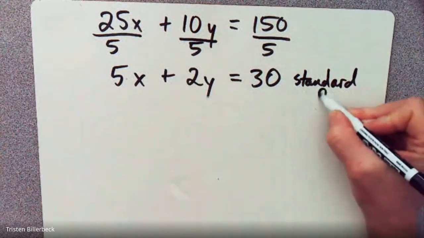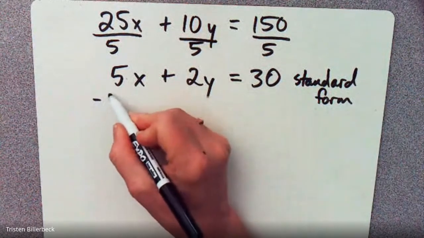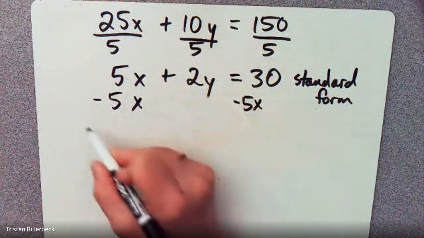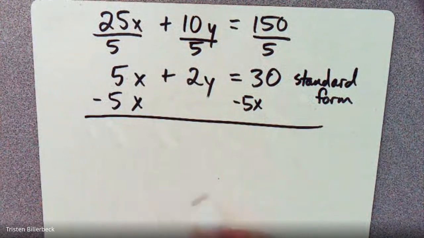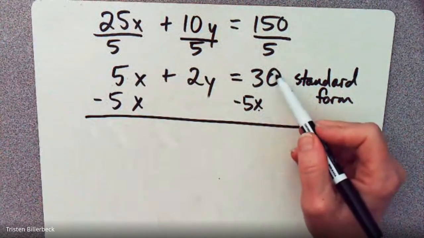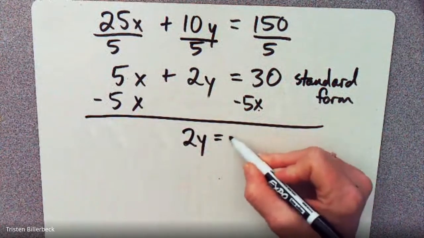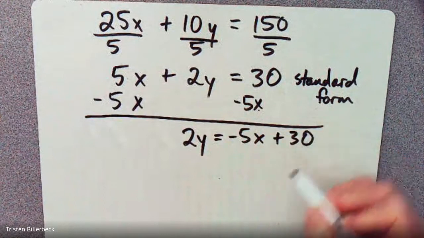Now let's take a look at it as slope-intercept. So that would mean we move this over to the other side. We can't combine 5x and 30 because they're not like terms. This one has a variable, that's a constant. So we have 2y equals negative 5x plus 30.